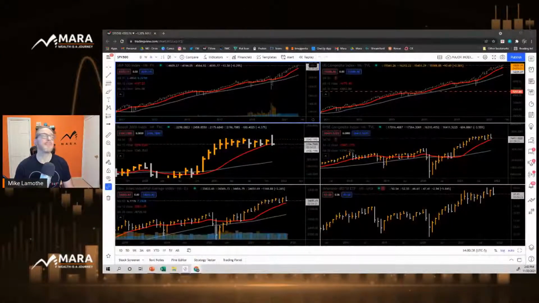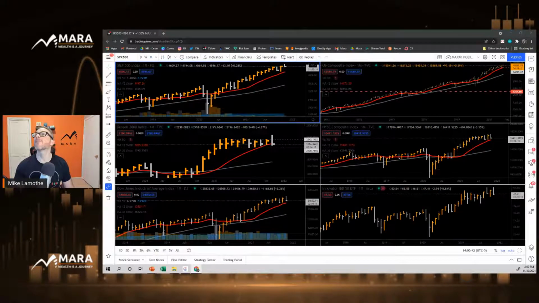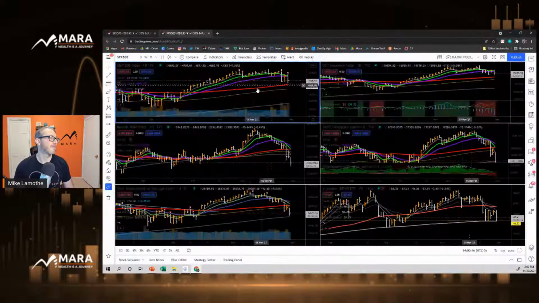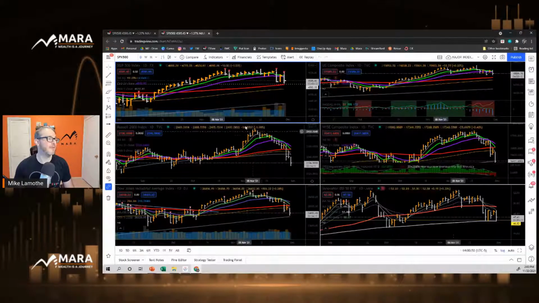In fact, let me drag my screen over here and show you exactly what the market happens to look like right now. This is a monthly time frame, and over here you can see it even more on a daily time frame, especially here on the Russell.